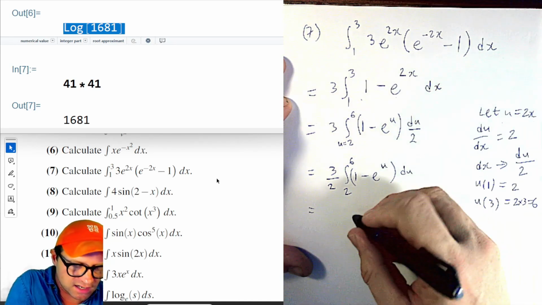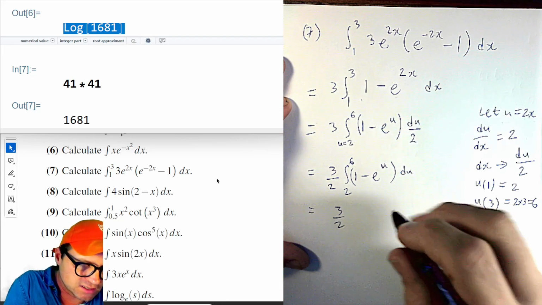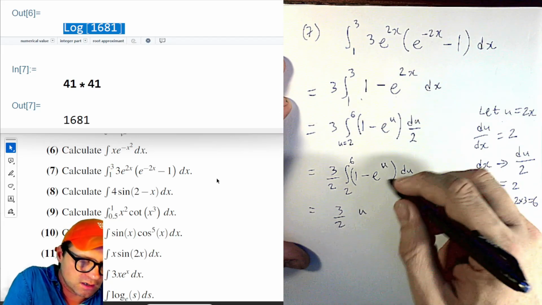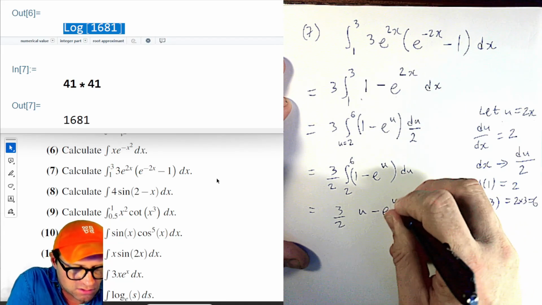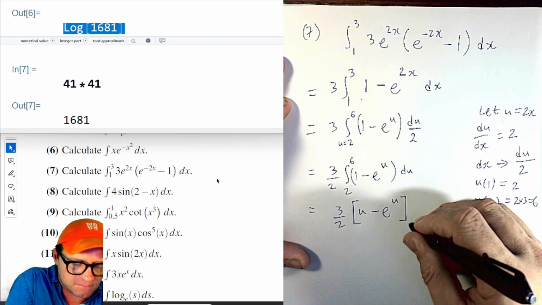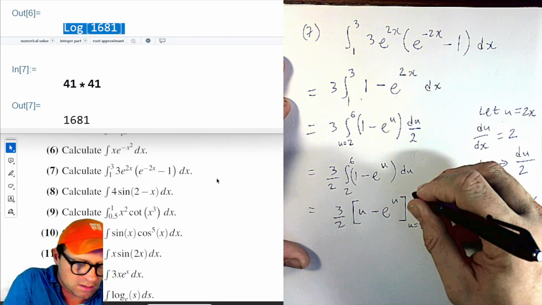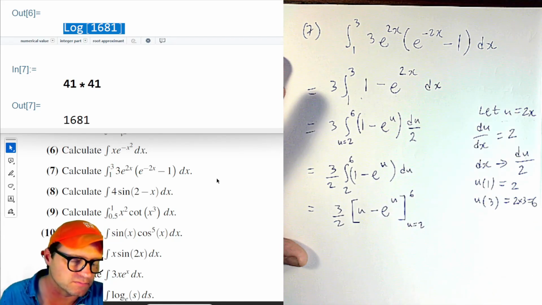And now integrating this, we have the integral of 1 with respect to u is just u. The integral of e to the u with respect to u is e to the u. I put in now a square bracket with the bounds written on this side because next we're going to sub those bounds in.